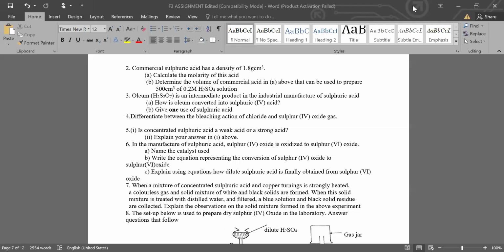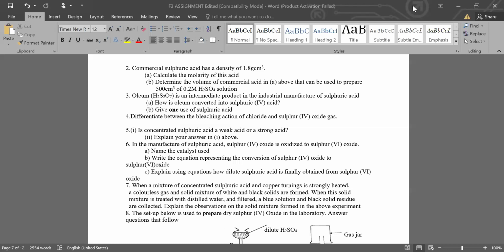But now in large scale manufacture, like the way the question states, the catalyst that is used is vanadium 5 oxide. Reason, it is cheaper. Another reason, it is not easily poisoned.